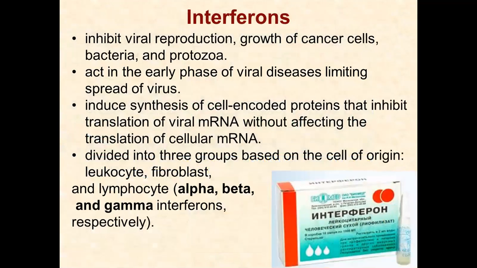The complement system is mostly effective against bacteria, but we also have an antiviral factor of protection. It's the interferons. They inhibit viral reproduction and also growth of cancer cells, bacteria, and sometimes protozoa. They act mostly in the early phase of viral disease and limit the spread of viruses. They induce the synthesis of cell-encoded proteins that inhibit translation of viral messenger RNA without affecting the translation of cellular messenger RNA.